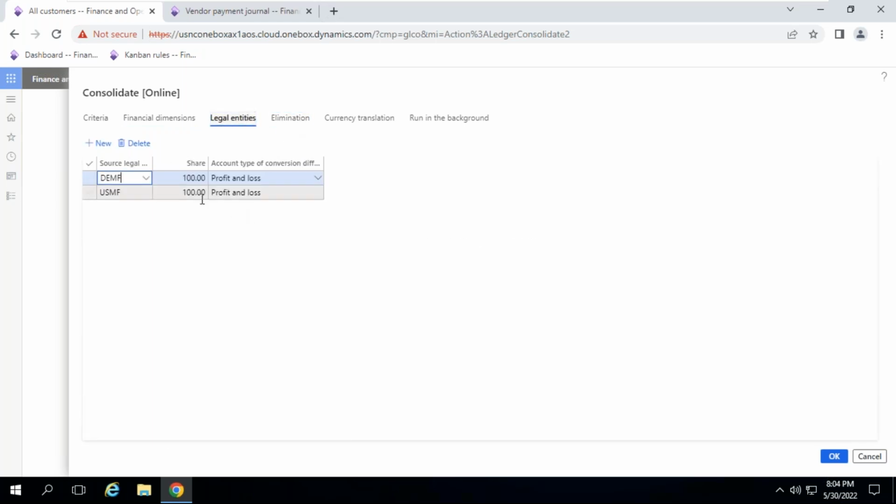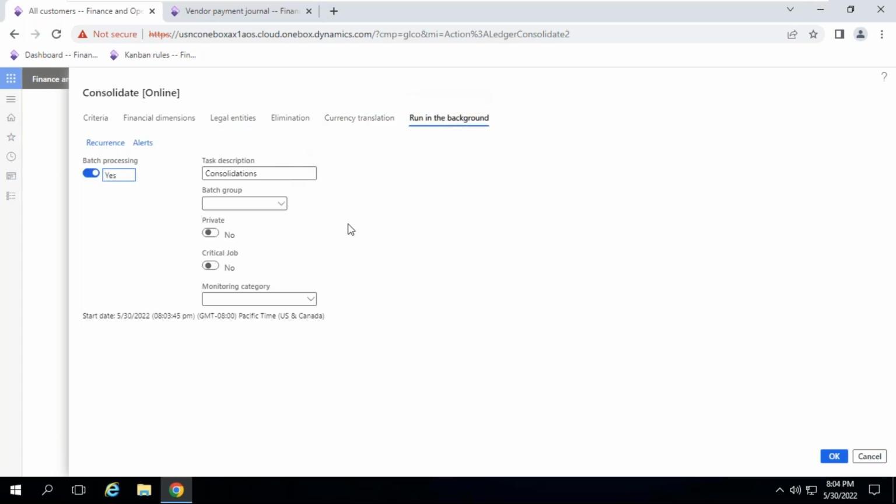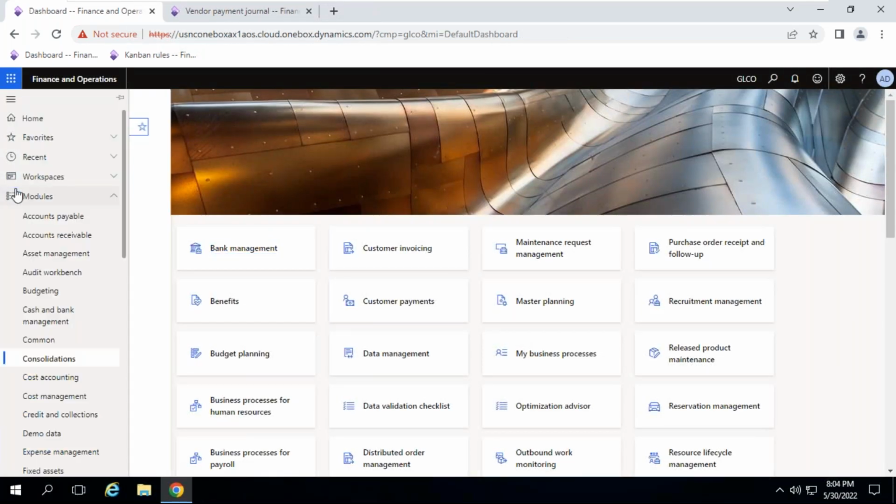Elimination I have not explained. Currency translation, exchange rate, whatever it is. So we have executed this in GLCO.